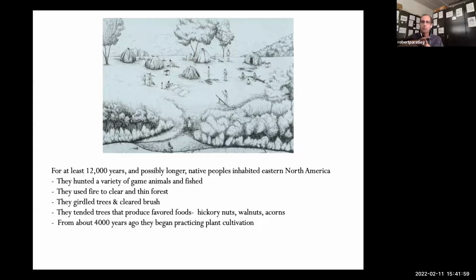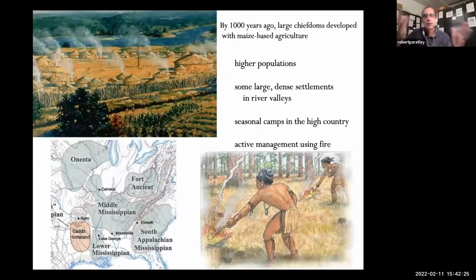Foresters today use the word silviculture to describe managing forests. And there's no question that the indigenous people of Eastern North America were managing their forests. No question about it. And then, of course, approximately 4,000 years ago, they began to cultivate plants and clear for fields of cultivated plants as well. This climaxed, and again, Henderson went over this in much more detail, approximately 1,000 years ago.